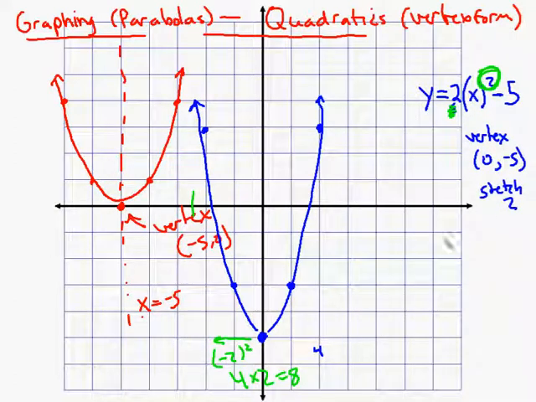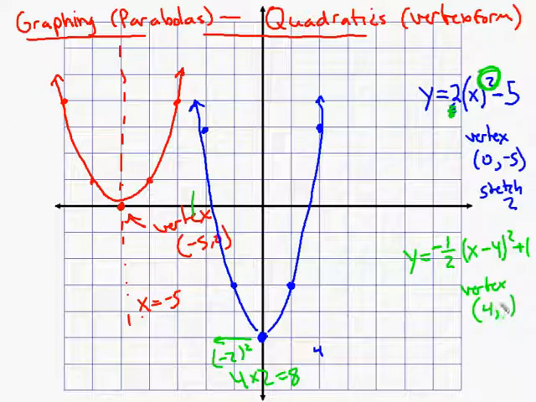Let's try another. Let's try y equals negative 1/2 (x minus 4) squared plus 1. So in this case, what's my vertex? 4, 1.